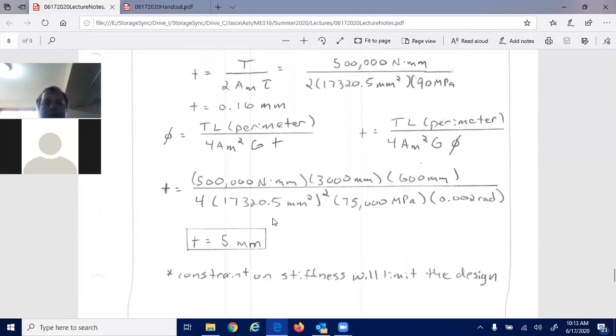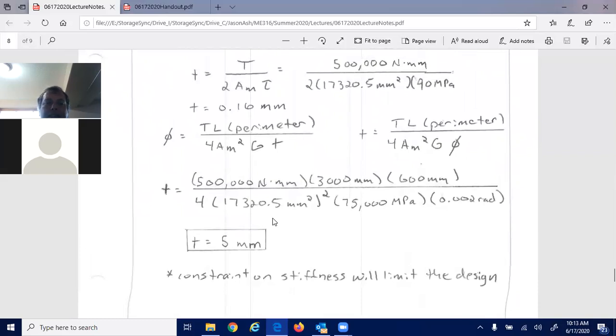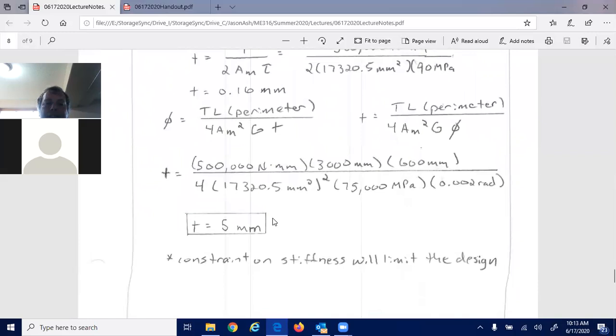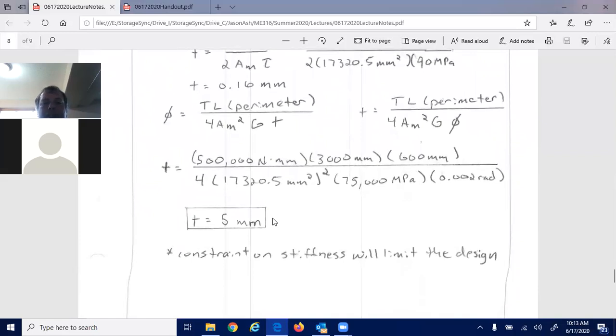And so with that, the thickness to satisfy stress only needed to be 0.16 millimeters. For the angle of twist constraint, it needed to be 5 millimeters. So we have to go with the greater of those two estimates and go with the 5 millimeters. And so the constraint on stiffness limited the design to make that a bigger cross-section and a heavier cross-section.